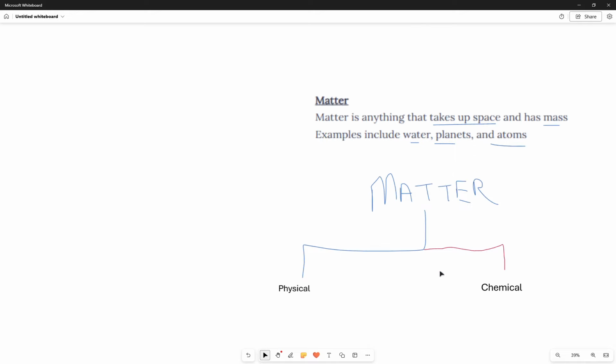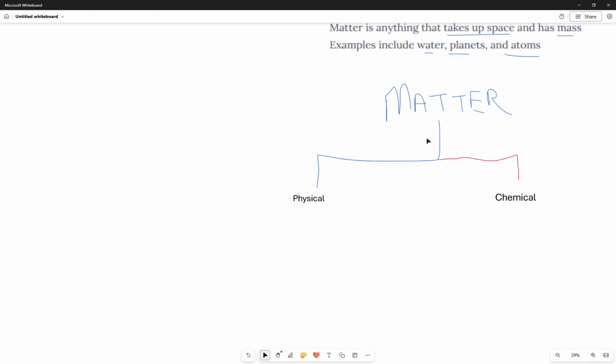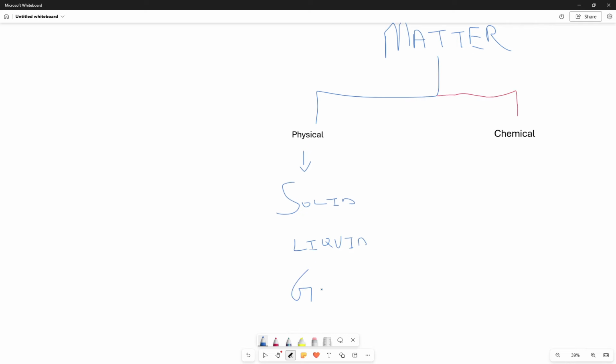Okay, so the physical states of matter are those which you already know: solid, liquid, and gas.